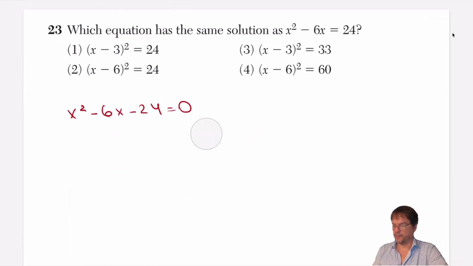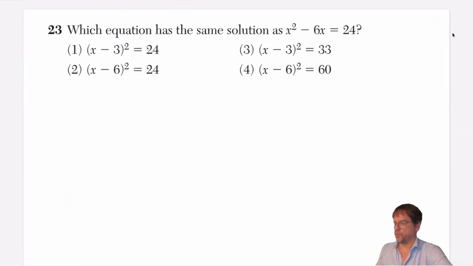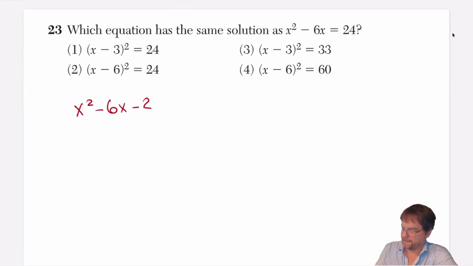So look, what I'm going to do here, I will show it again. Maybe the delta, the discriminant, is not an exact square root.